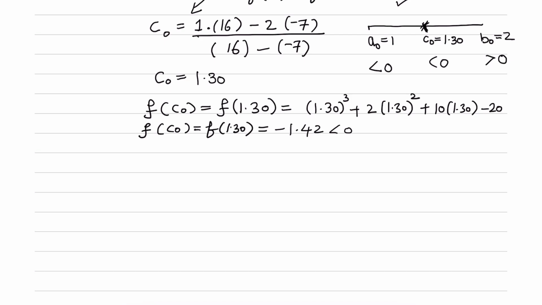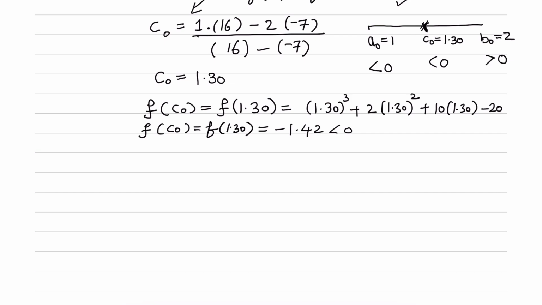Again c naught is not in the middle, it's somewhere in between a naught b naught. So we have to find the next interval. The next interval, either this is going to be a naught c naught or it is going to be c naught b naught. Remember that the appropriate interval is the one on both ends the values of the functions are of opposite signs.